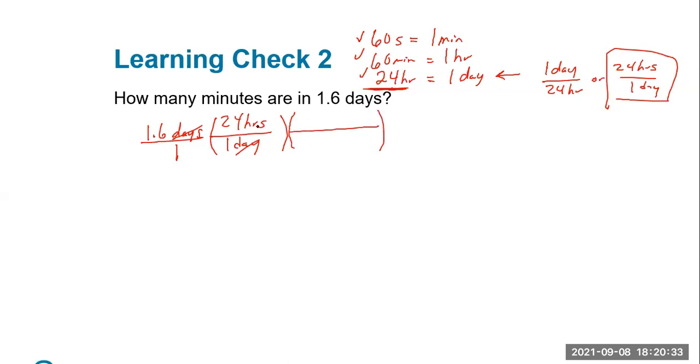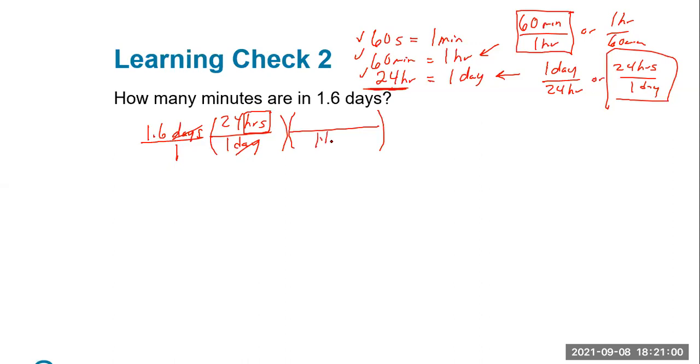The units that I am left with are hours, which are on top. I want to end up with minutes, so I can use this equality to write 2 conversion factors, which is 60 minutes is 1 hour. Our 1 hour is 60 minutes. In the way I wrote it here, I could clearly see that hours are up on top. So I do know to go opposite of that to cancel it.